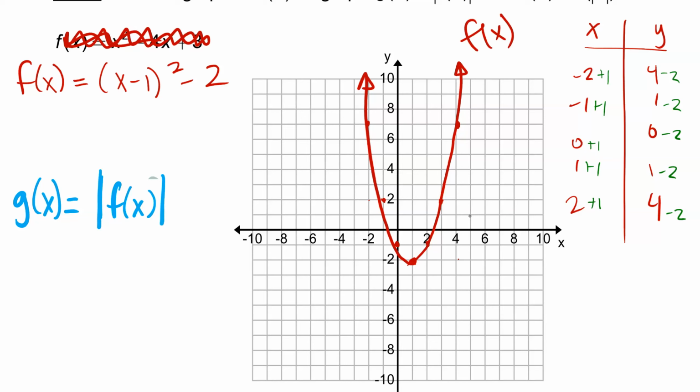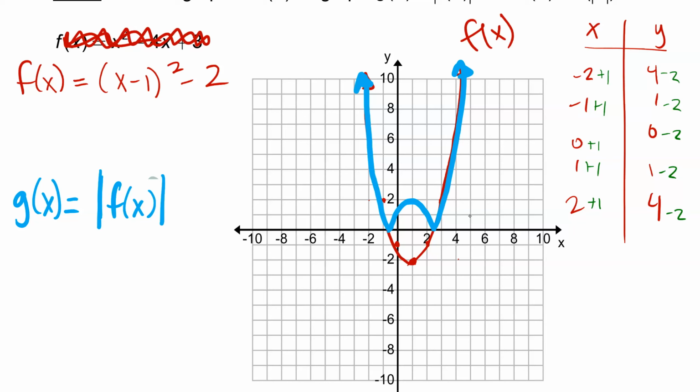If I'm just taking the absolute value of the whole function, whatever was negative is now going to be positive. So I'm taking this part down here and reflecting it across the x-axis. Otherwise, it will follow the same line as before. This is the absolute value of the whole function.